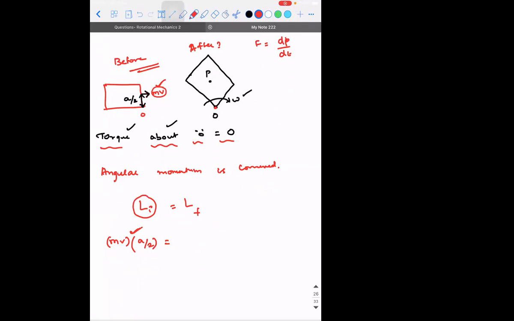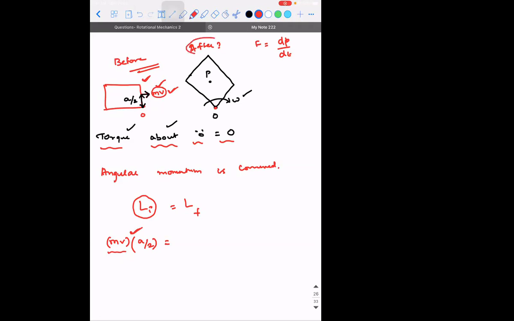Okay, sir. That should be equal to the final angular momentum. Initially the angular momentum was contributed due to the translatory motion. Listen to it carefully, guys. I'm saying translatory motion because it had linear momentum. So initially, when you're framing the equation, you need to take the linear momentum into consideration.